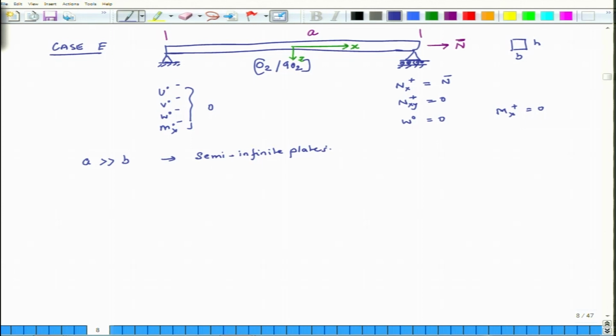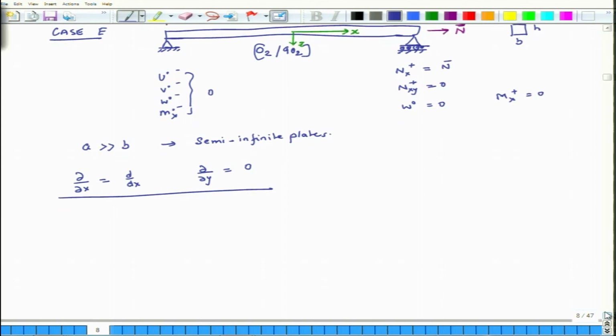Because a is very large compared to b, we can say that del over del x is equal to d over dx, and del of anything in the y direction is 0. This is exactly the same thing which we had assumed in cases A, B, C and D, because this is a semi-infinite plate in the x direction. If it was in the y direction, then del over del y would be d over dy, and del over del x would be 0.